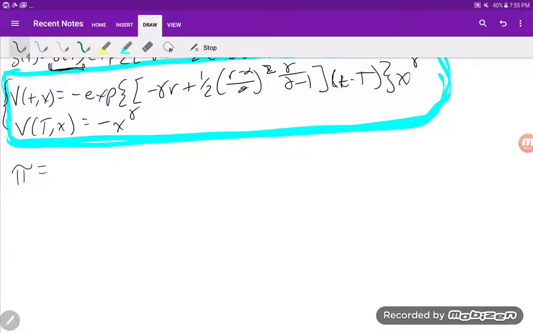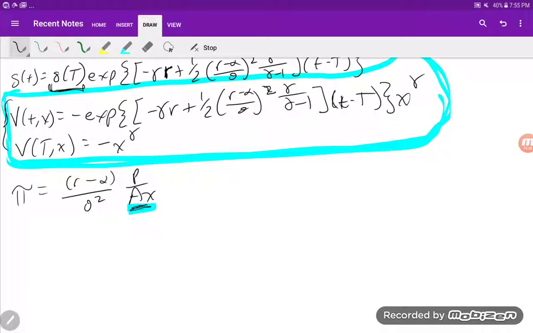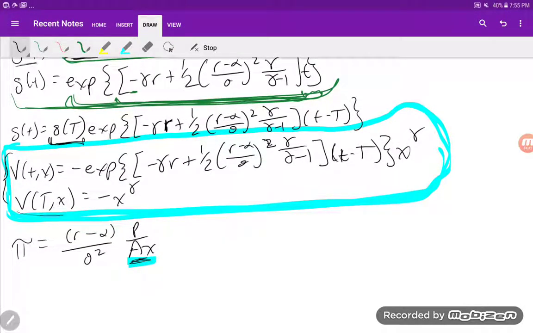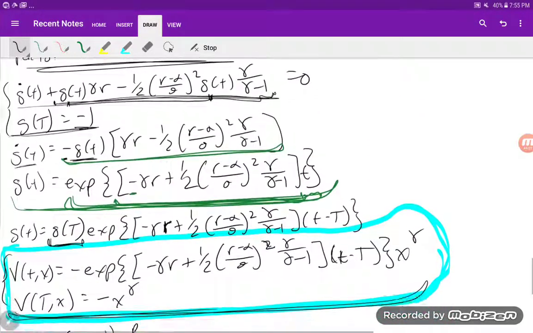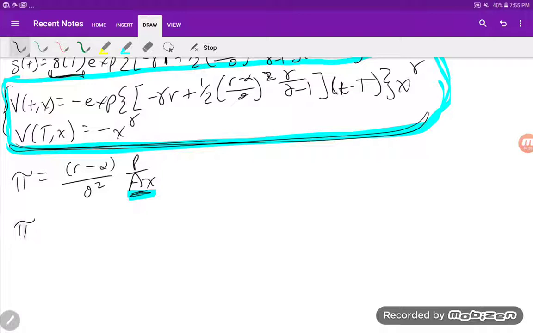We had something like pi equals r minus alpha over sigma squared times p over ax. So we can now finally retrieve the true control, because now we know what p and a are, and we worked through those. So let's go back and plug those in.